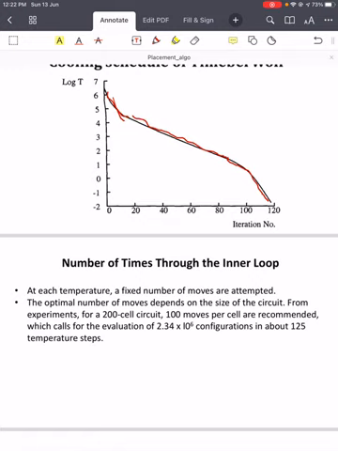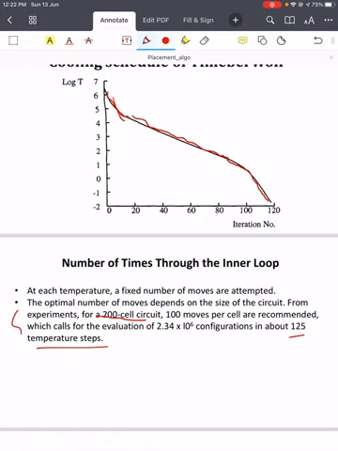Experimentally, in the original TimberWolf paper, they showed that for instance if we have a 2-cell circuit, then 100 moves per cell are recommended, which calls for the evaluation of 2.34 into 10 to the power 6 configurations, or total moves, in about 125 temperature steps.